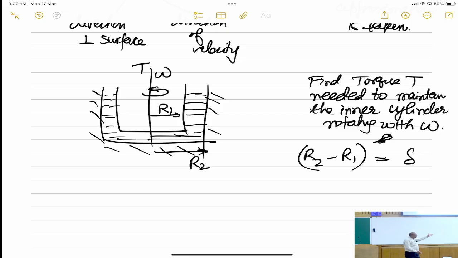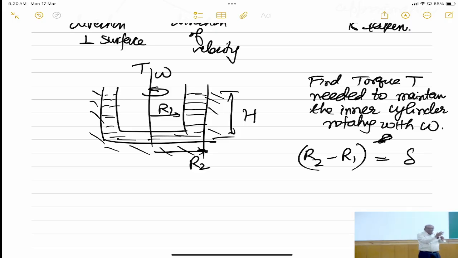The fluid has a viscosity mu, the radii are given, and probably the height of the cylinder is also known. So here you have to analyze the surface which is touching the fluid. Let's say look at the inner cylinder. There are two types of surfaces, a vertical surface and a horizontal surface. They have to be identified and analyzed separately.